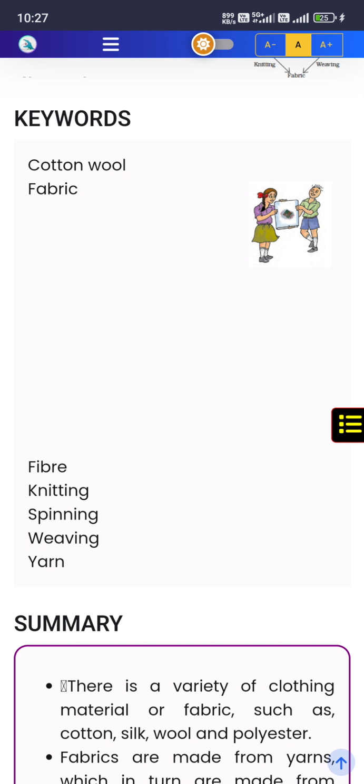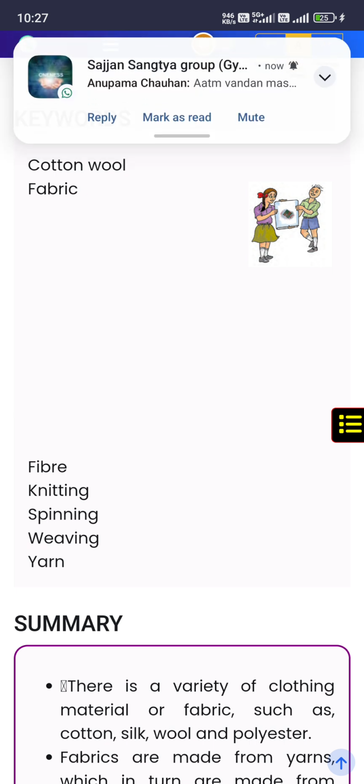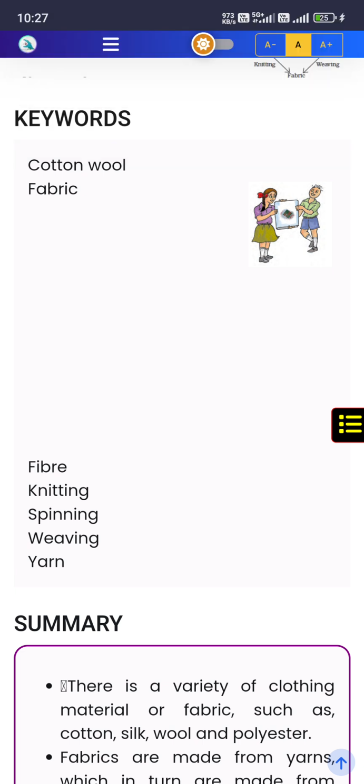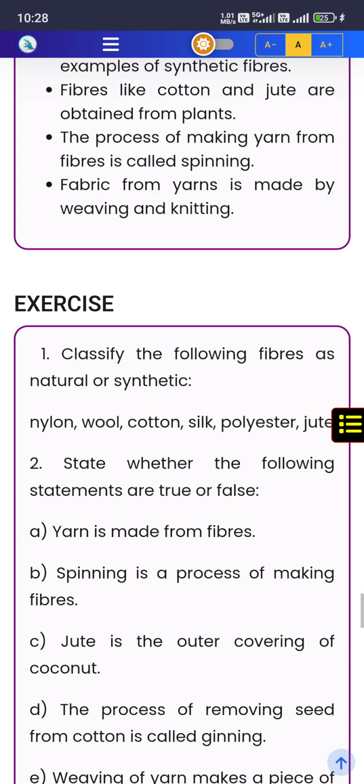What is spinning? Spinning is a method of making cotton fiber from cotton plants, cotton flower, or cotton roll. What is yarn? Yarn is multiple fibers rolled up together.